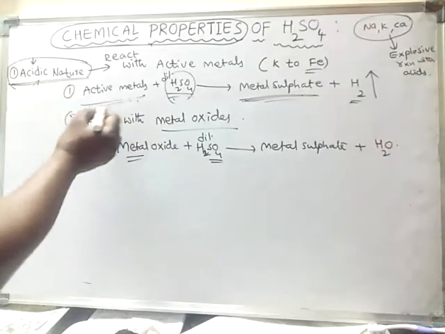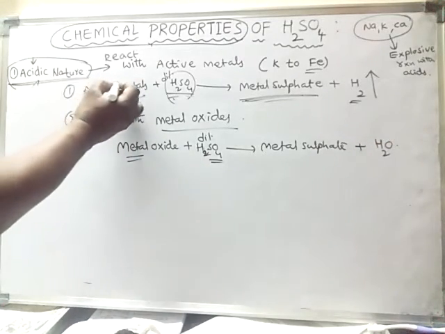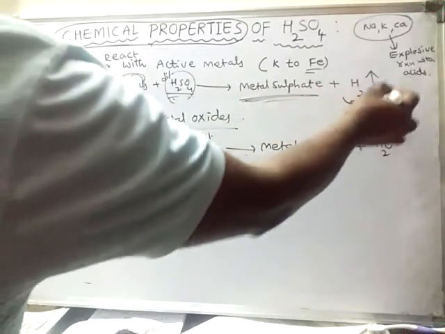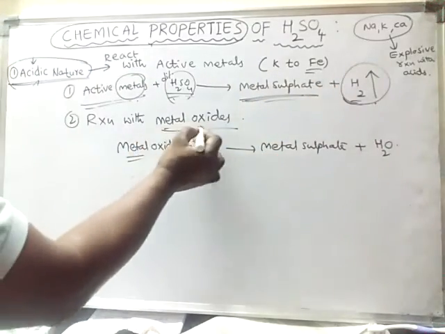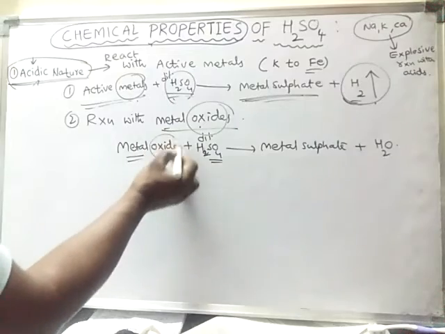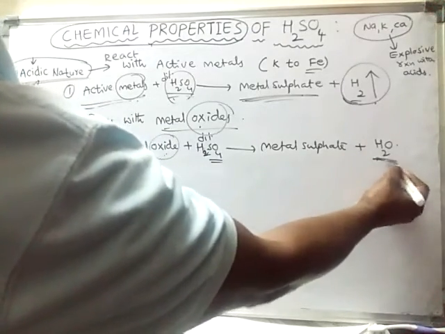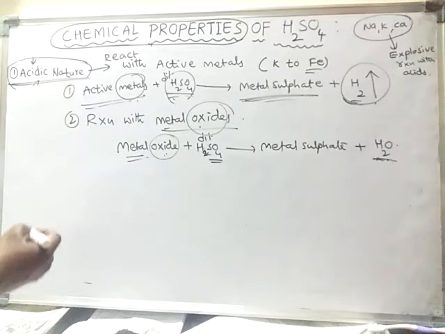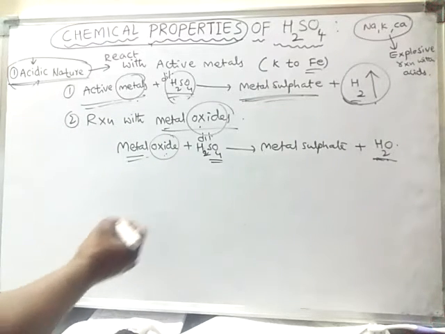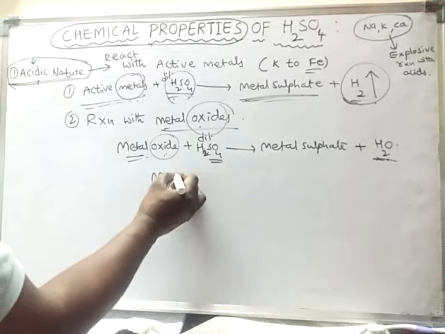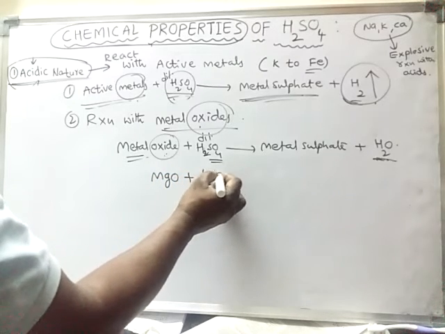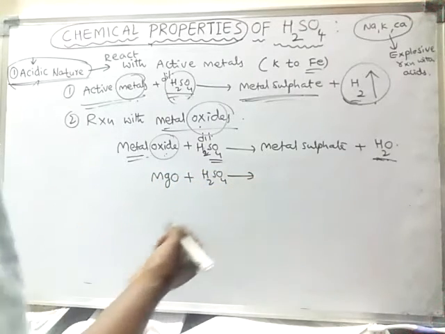Okay. So if simply a metal reacts, it liberates hydrogen. If metal oxides react, oxygen is also present along with hydrogen, hence water is formed. For example, if you see magnesium oxide reacting with sulfuric acid, what happens?